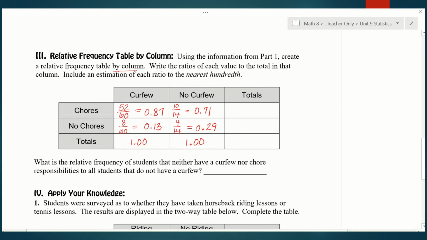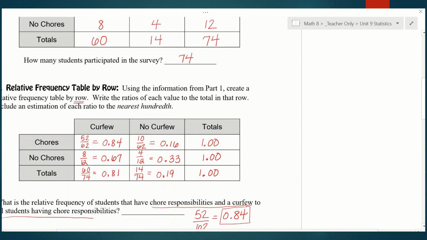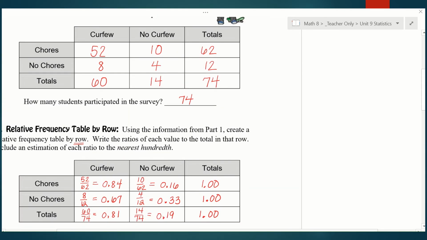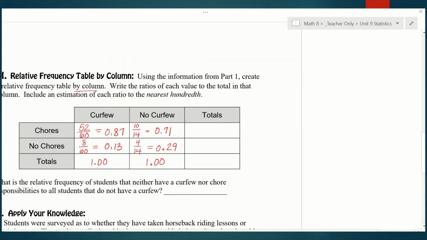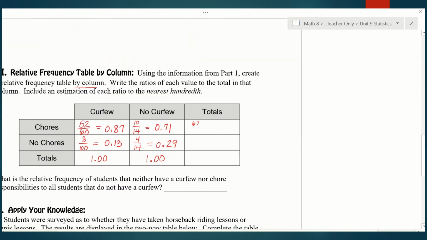So now to do our totals, we have to say, okay, back over here, our total was 62 out of 74, our column total. So 62 out of 74, which as a decimal gives me 0.84.